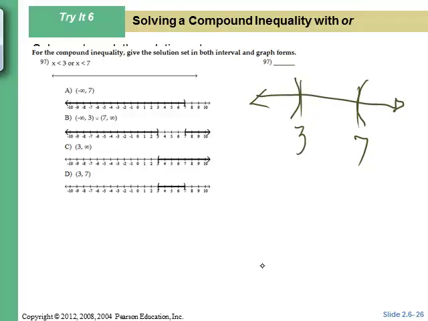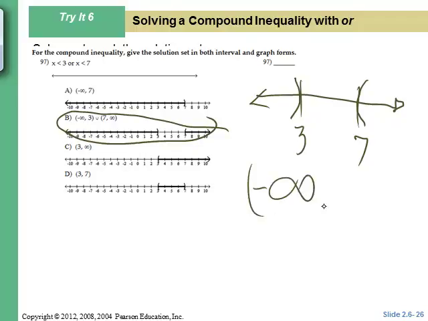Parentheses at both spots. Looks like letter B. Negative infinity, comma, 3, or 7, comma, infinity. You have to have both sets there.